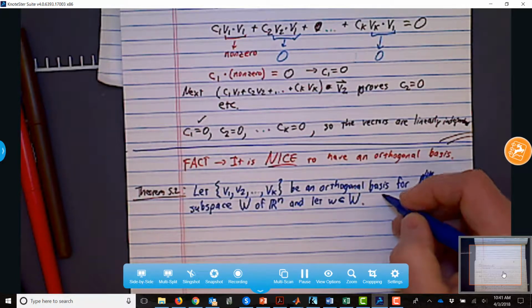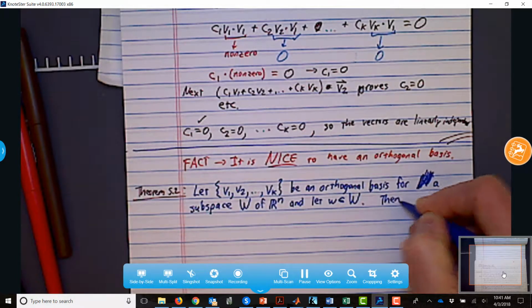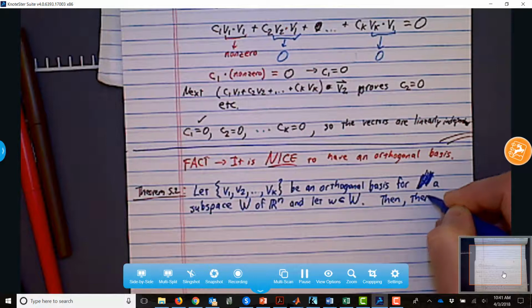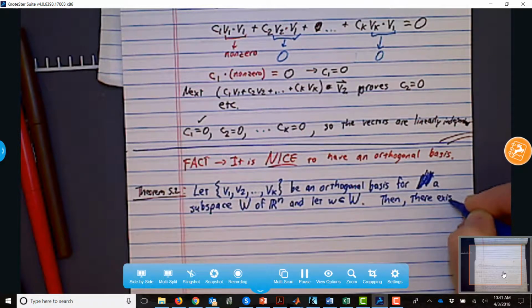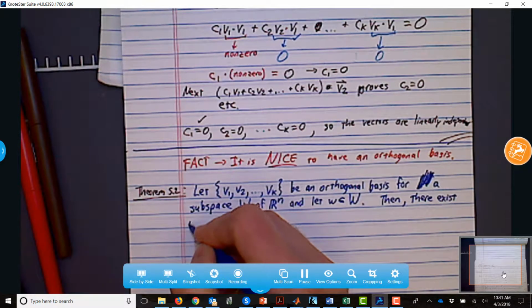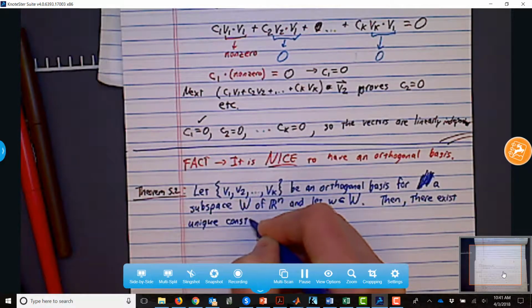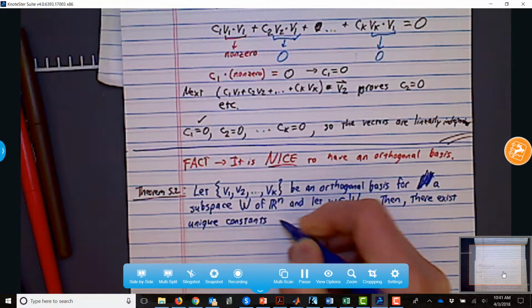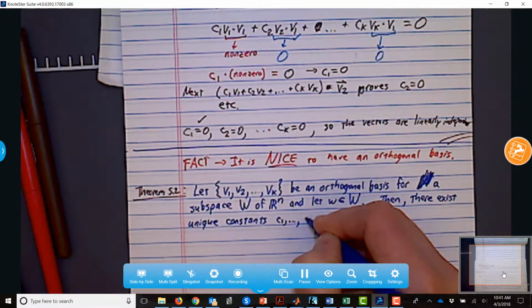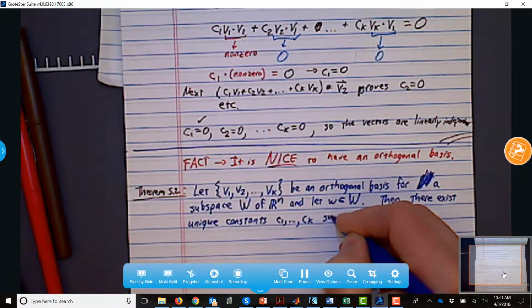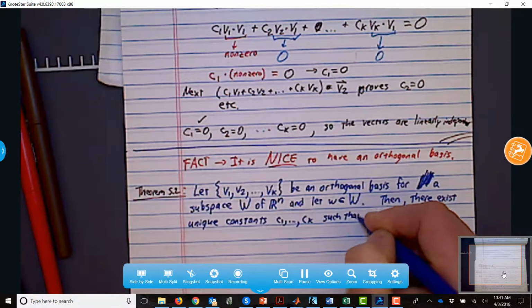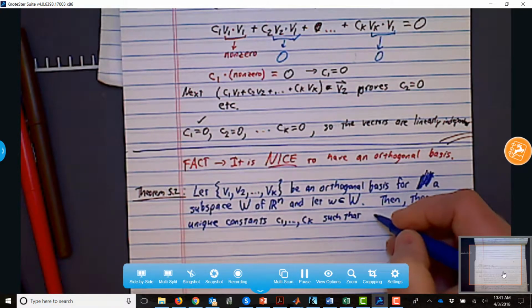If that's true, then there exist unique constants C1 up to CK such that, so I'm going to write the equation and you tell me what it says.